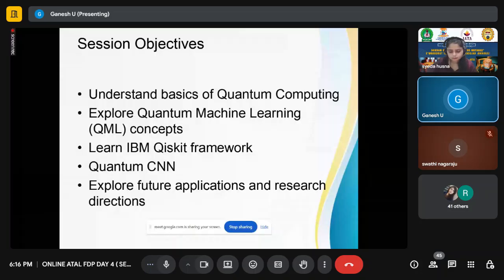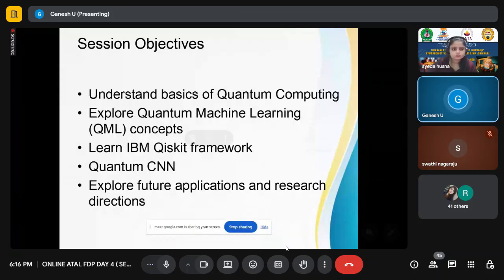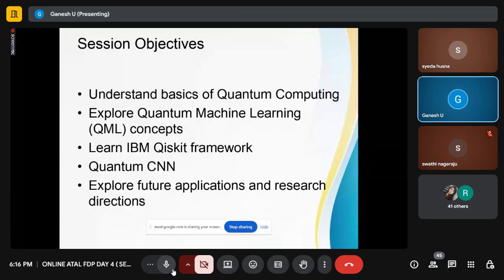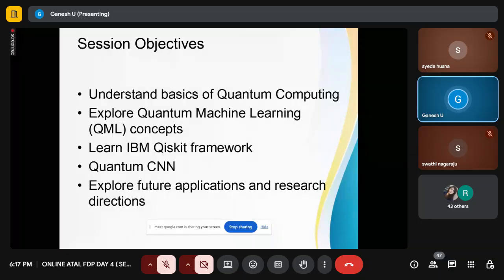In the last sessions you have already seen quantum neural networks and quantum support vector machine. In this session, I will discuss the quantum convolutional neural network. Learn the IBM Qiskit framework. This IBM Qiskit framework is very useful. It is open source up to some limit: up to 1 month, up to some data and some execution, we can do some projects.